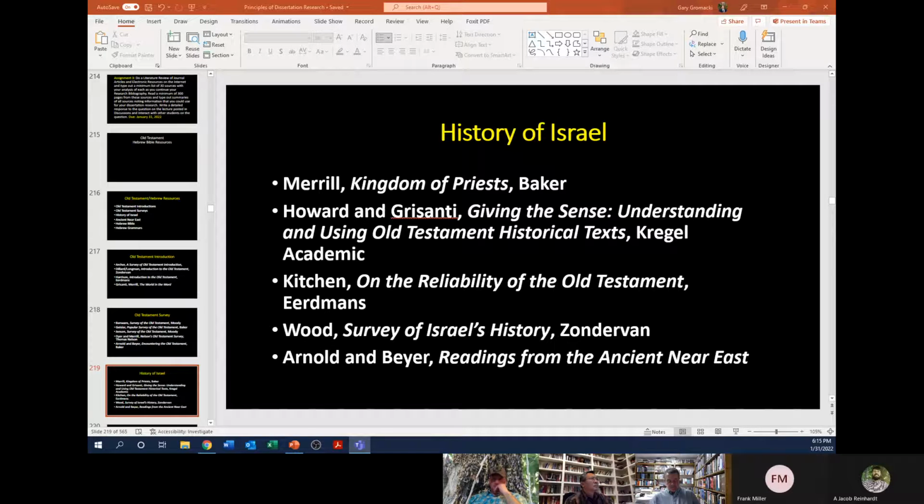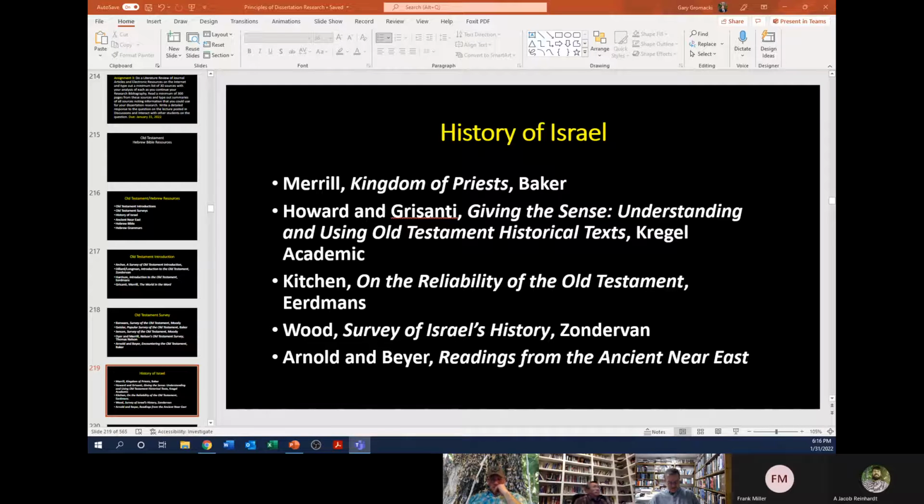They also have, from Faulkner's book, Ancient Egyptian Pyramid Texts. What does Egypt say about creation and the flood? You have the Epic of Gilgamesh, page 66, a translation of that. So they have other literature that relates to the ancient Near East.